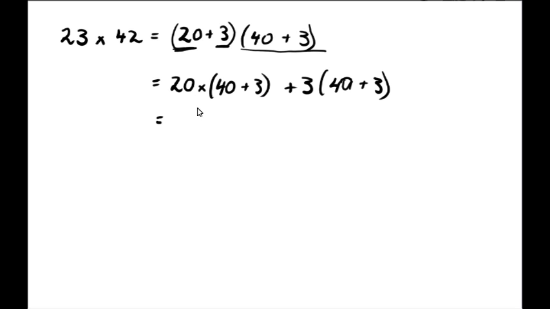Okay, and as you can see, we have two lots of the distributive law that we just used before. 20 times 40, or 2 times 4 is 8, 2 zeros, plus 20 times 3, 3 times 40, 3 times 3. Now adding them together, okay, 989.